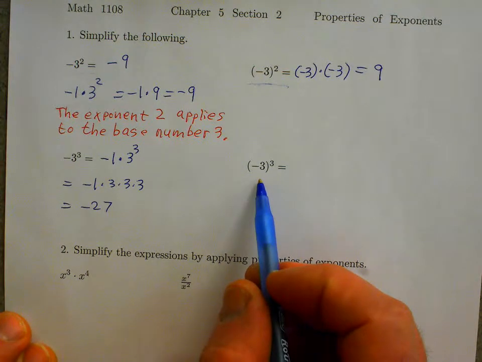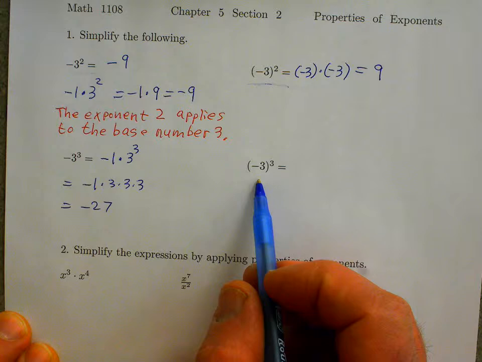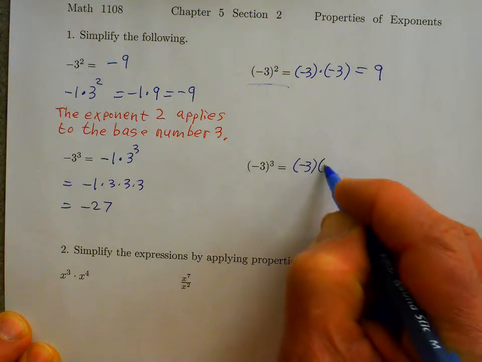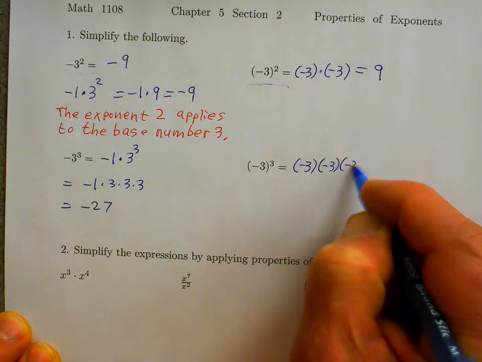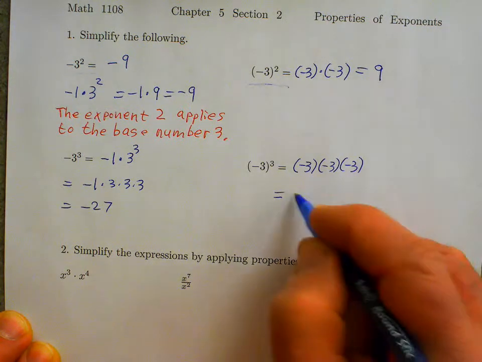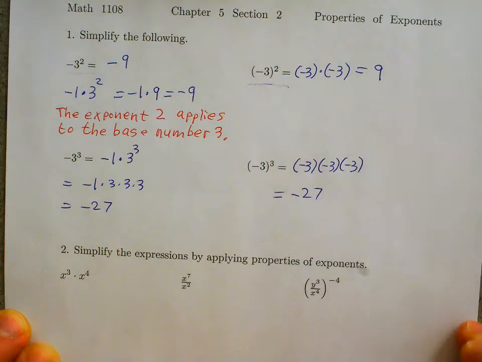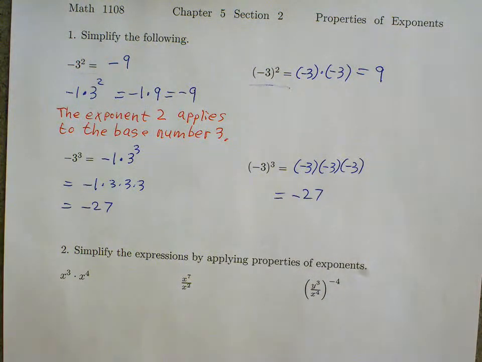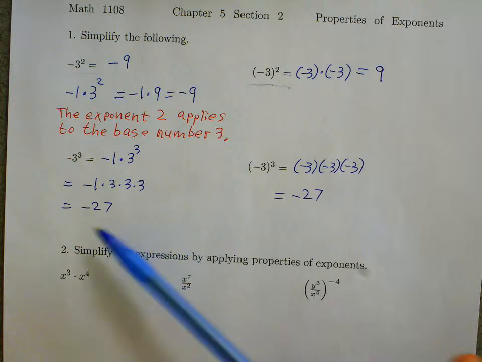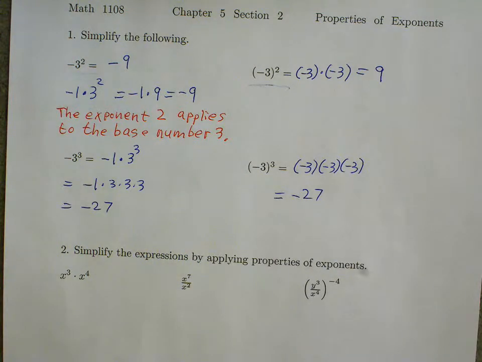Okay, this expression on the right, the number negative 3 to the third, that means negative 3 times negative 3 times negative 3, and we get negative 27 again, but not for the same reasons.